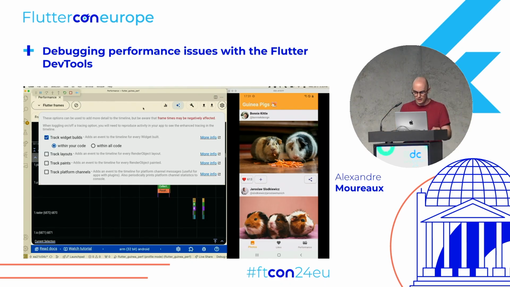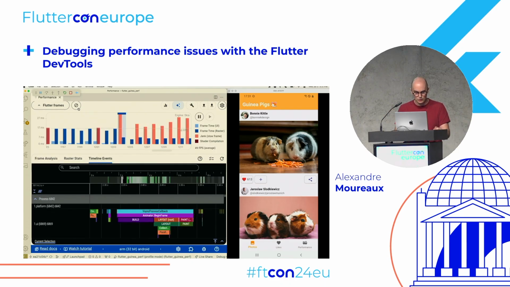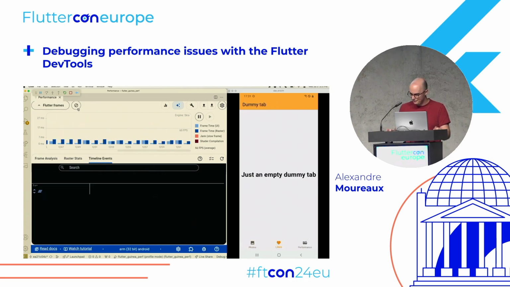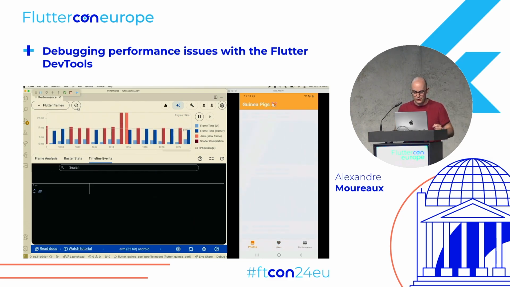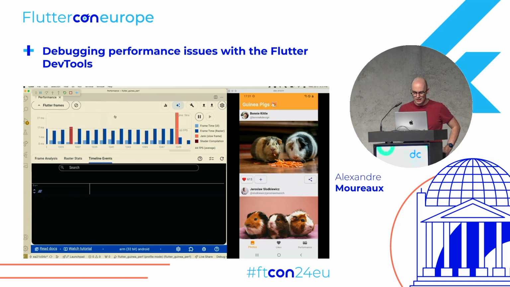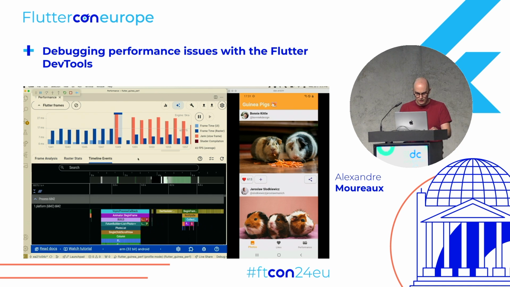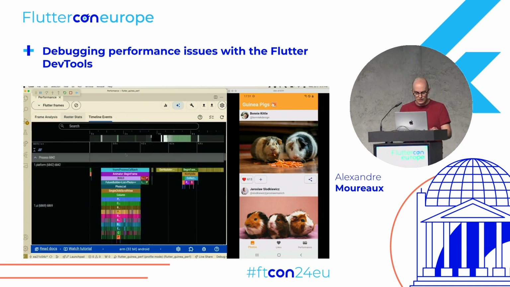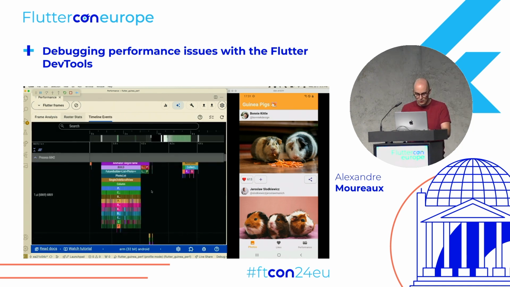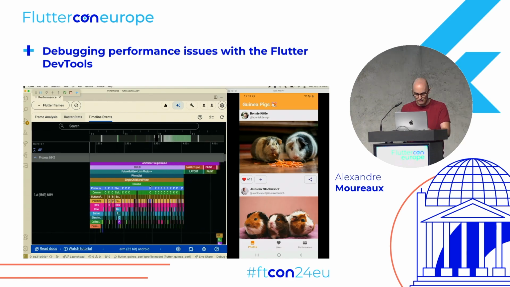All right, so let's do this, and let's try again to see what this gives us. Going back to photos, and you can see that it's, I think, probably even higher than before. All right, so now in the timeline events, we see a lot more details.